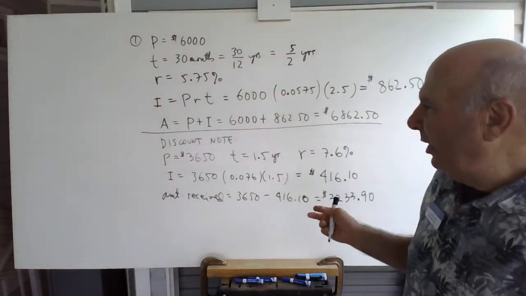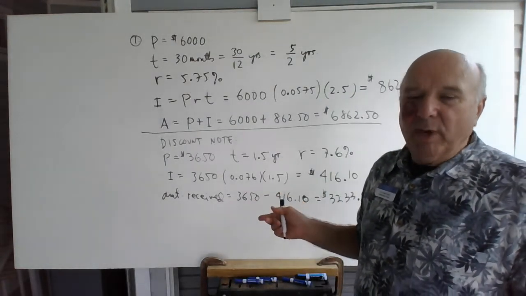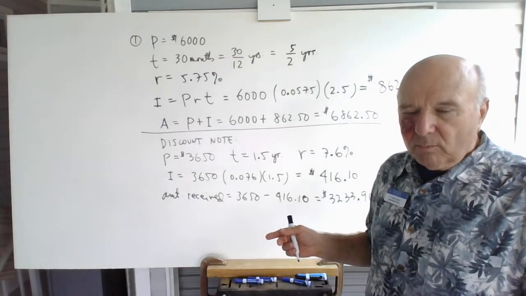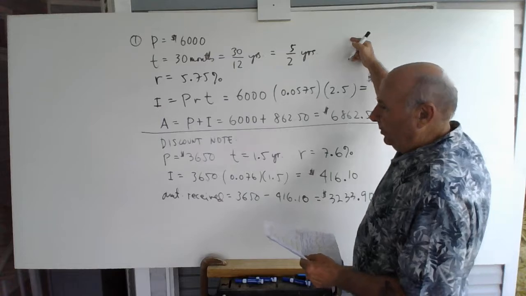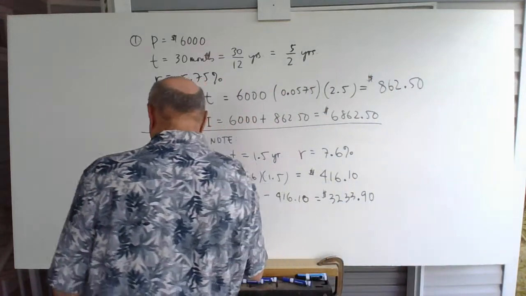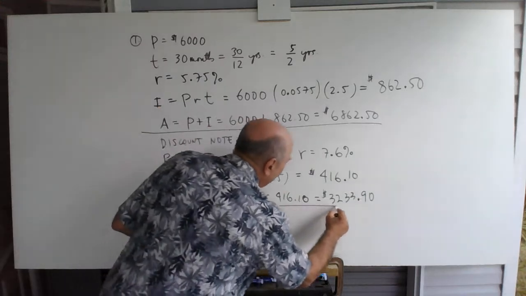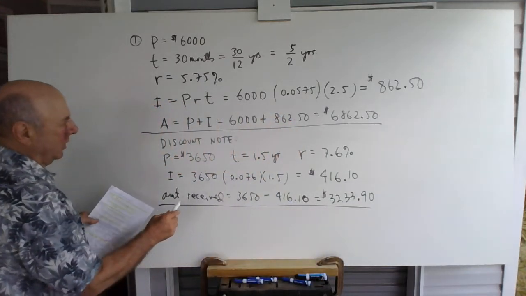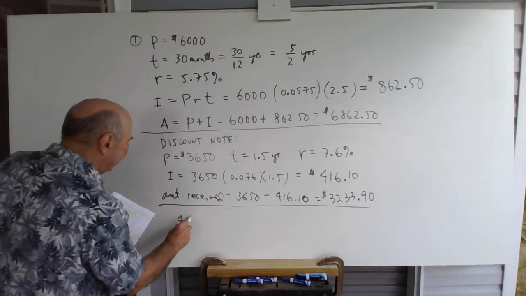So the question we have is, what's the actual rate of interest? Well, for the actual rate of interest, you just use the simple interest formula. So I'll do it up, or I guess I could do it down here. So the interest, I equals PRT. We've got to solve for R, because this R is not really true. You'll see what I mean, because this is the interest.